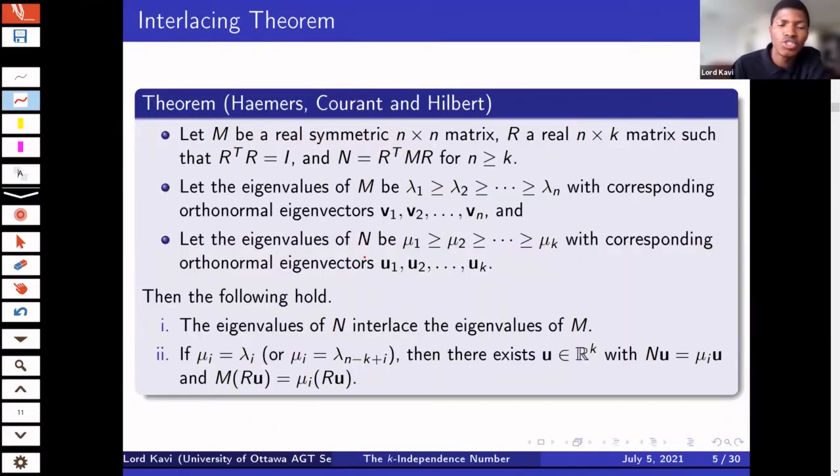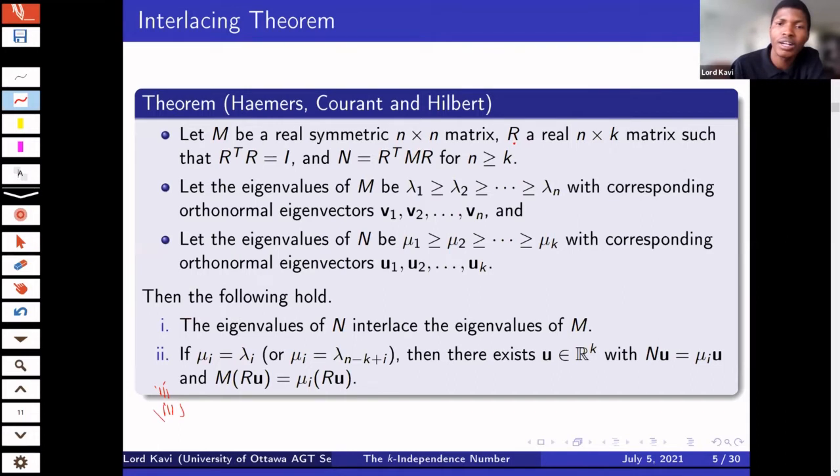Okay, so we'll look at the interlacing theorem. For the purpose of my presentation, there are maybe 2 other things to be added, but I'm going to ignore those. Now, suppose M is a real symmetric n by n matrix; this can also apply if it's Hermitian.